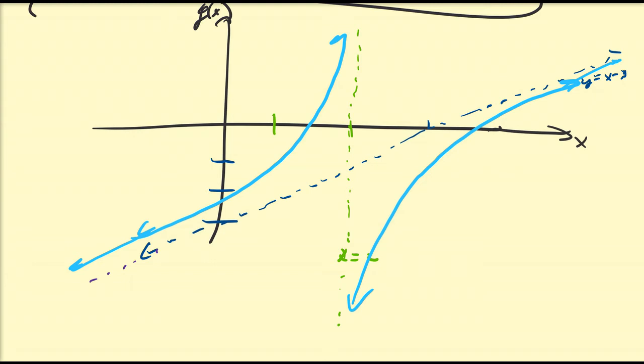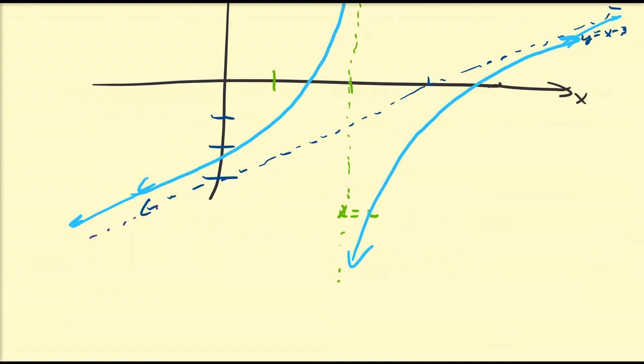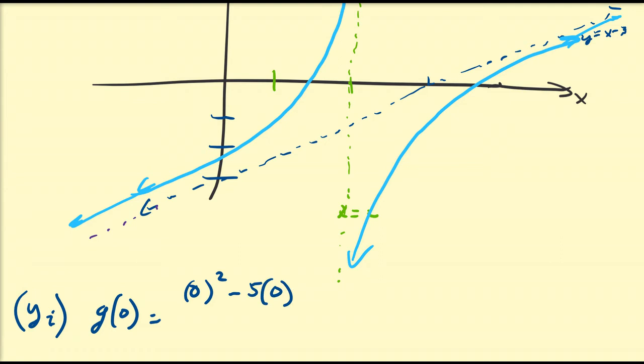So let's go ahead and get the y-intercept, right? The y-intercept is going to be when x is equal to 0. So of course g of 0 is going to be equal to 0 squared minus 5 times 0 plus 1 all over 0 minus 2. So that's just going to be equal to negative 1/2.